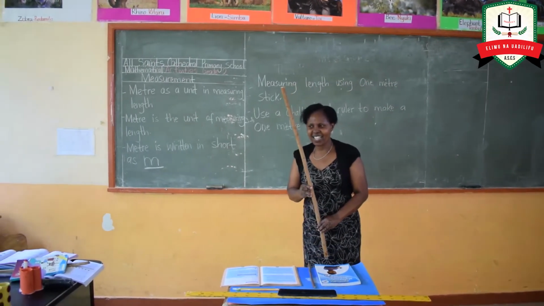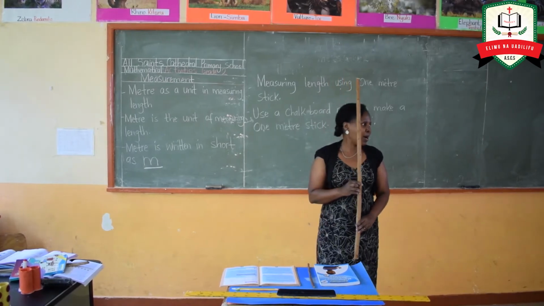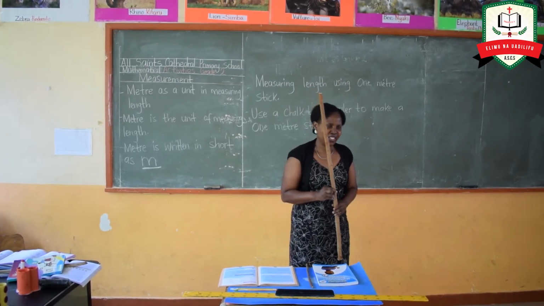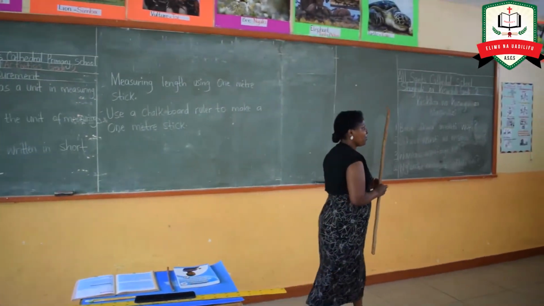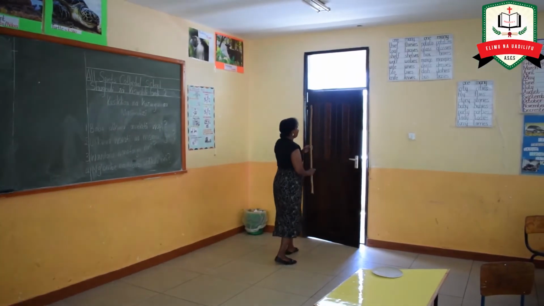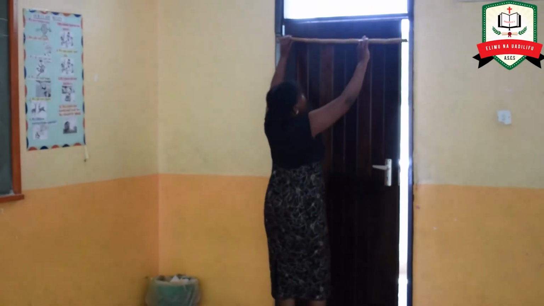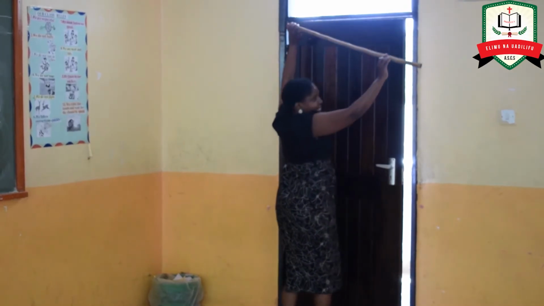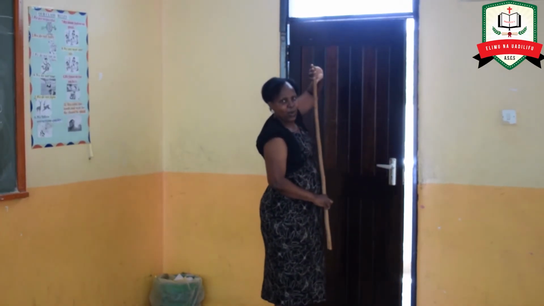Okay, boys and girls? Now, how about the door, our classroom door? Can you move with me? Let us try to measure the shorter side, which is called the width. We can say approximately it is 1 meter long.